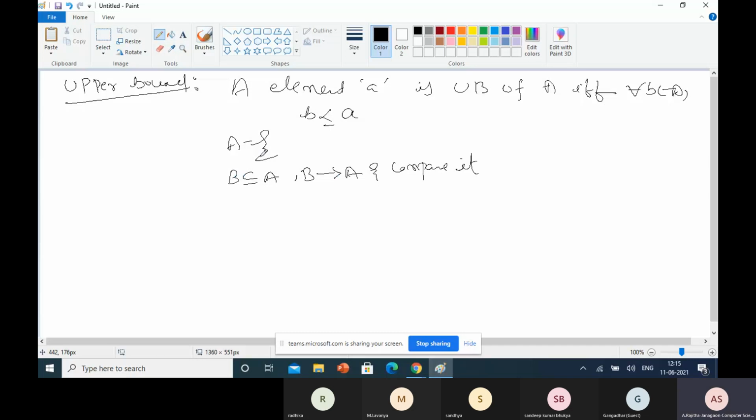Here A is the main set and B is the subset, and compare this relation. That means the relation is from B to A. Compare it based on the given relation.